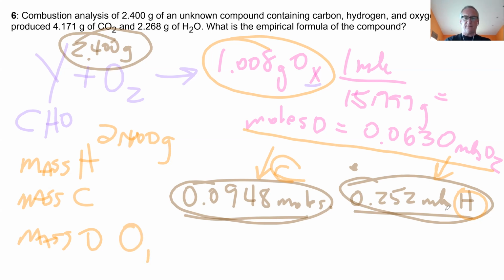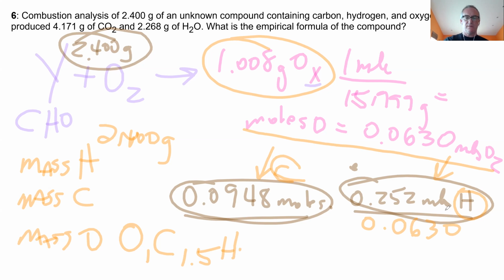Carbon is 1.5. For hydrogen, 2.52 divided by 0.0630 is approximately 3.999, so that's 4.